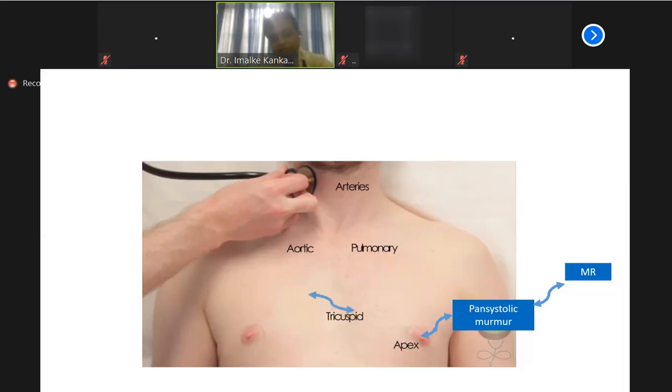Then the left lower sternal edge. If the murmur is best heard at the left lower sternal edge, whether you like it or not, that murmur is pansystolic. Now don't try to figure out, okay, I heard a murmur in the tricuspid area, but it is ejection systolic.